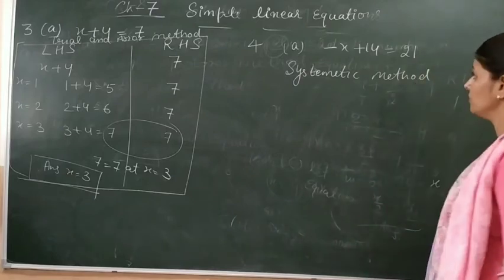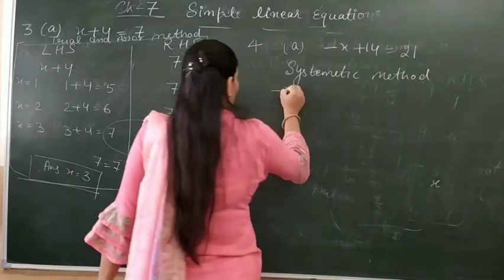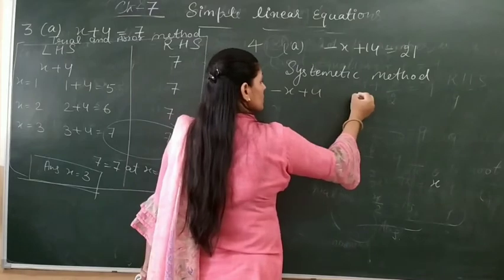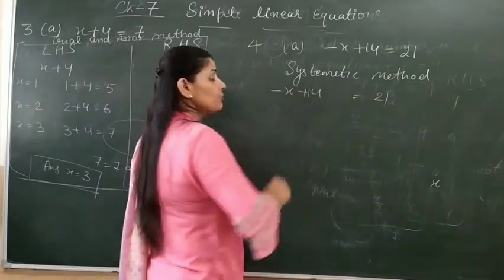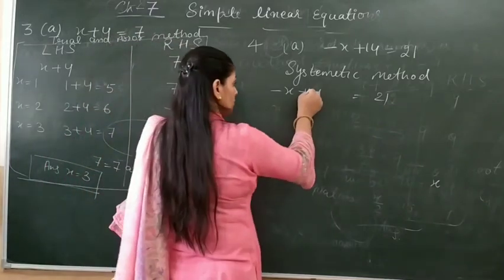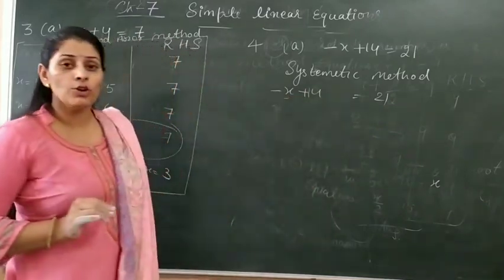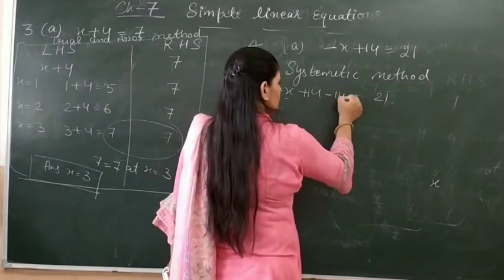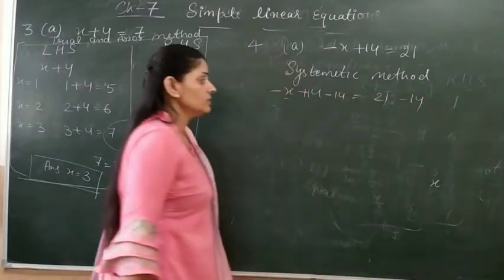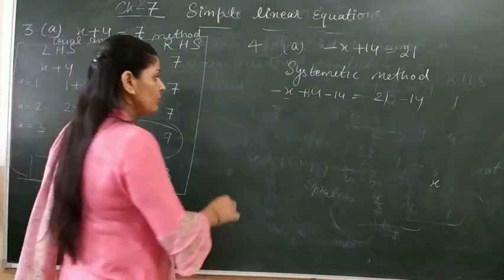Systematic method. What will come? Minus x plus 14 is equal to 21. First of all, we deduct 14 from LHS because we have to find out the value of x here. So minus 14 on both sides. Subtracting 14 from both sides.